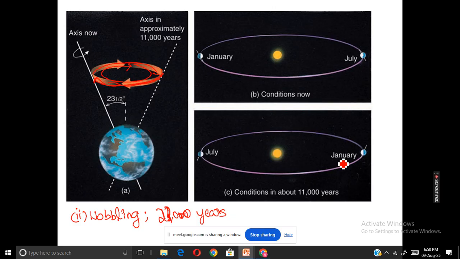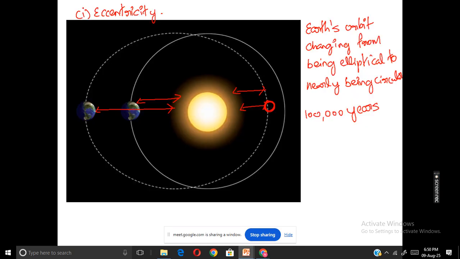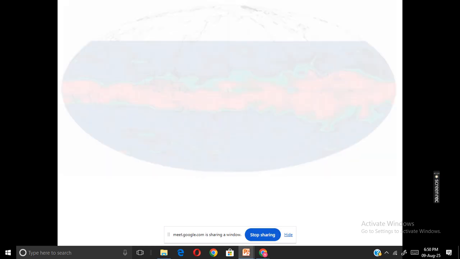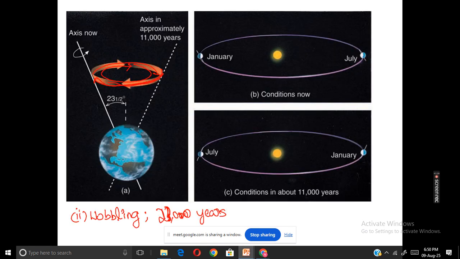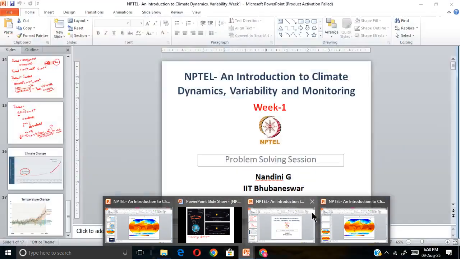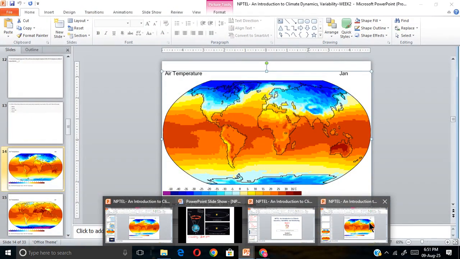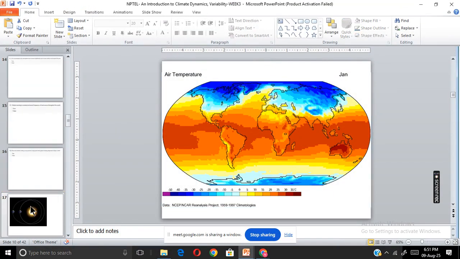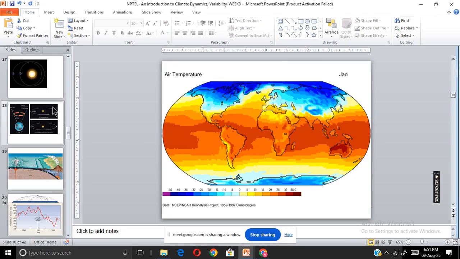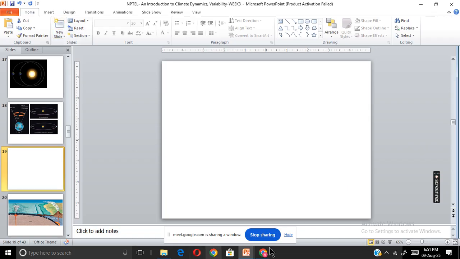The rotation of the Earth's axis is one, and there is one more. I don't have the figure for that. Just a second.